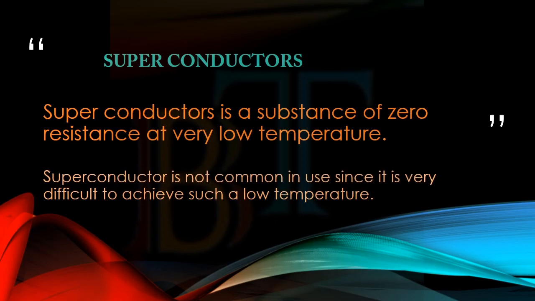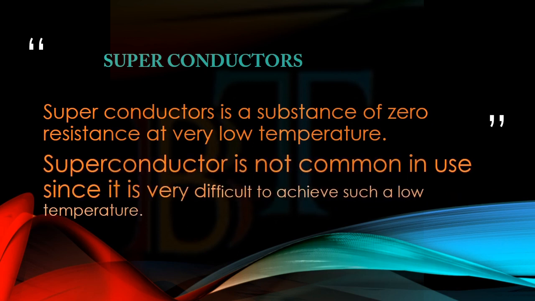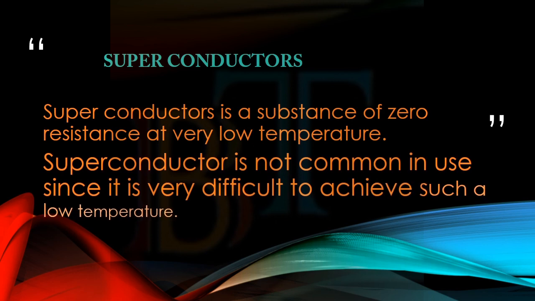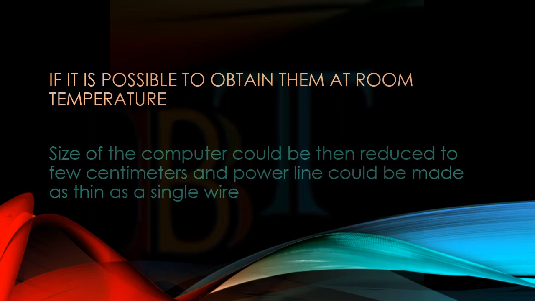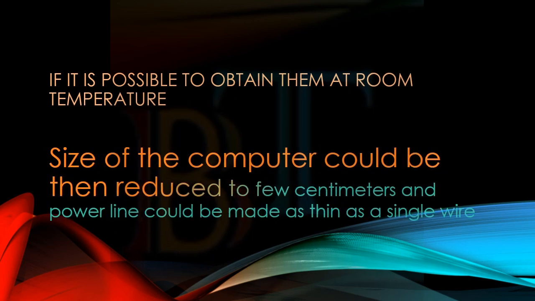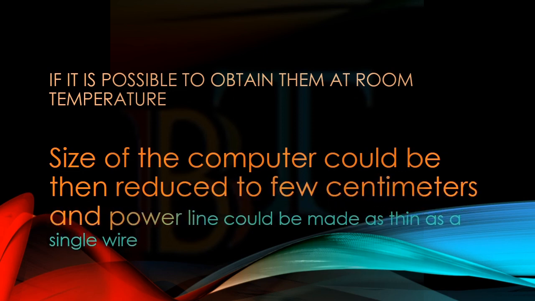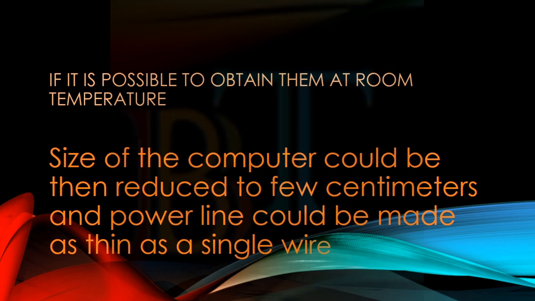But the superconductors are not common in use because it is very difficult to achieve such a very low temperature. But if it is possible to obtain superconductance at room temperature, the size of the computer can be reduced to a few centimeters and the power lines could then be made as thin as a single wire.